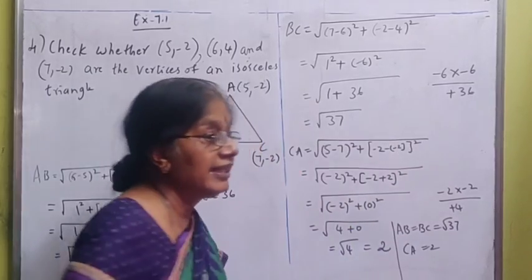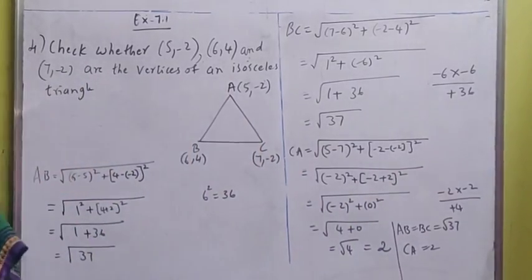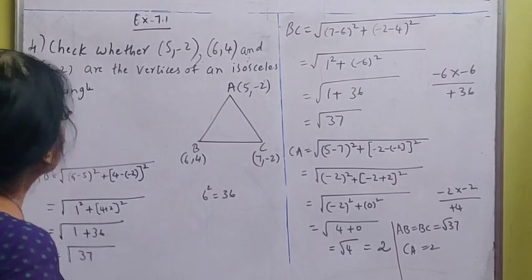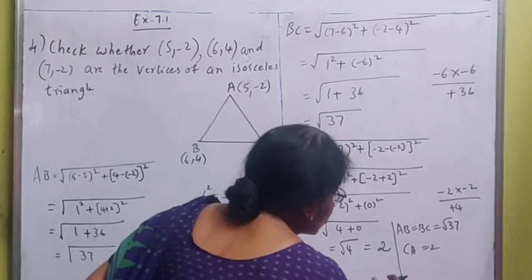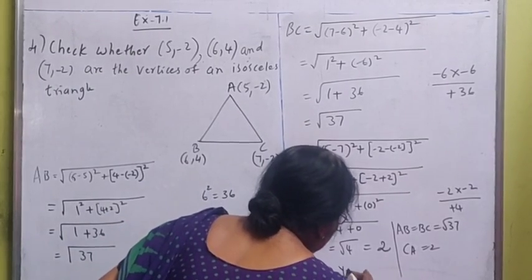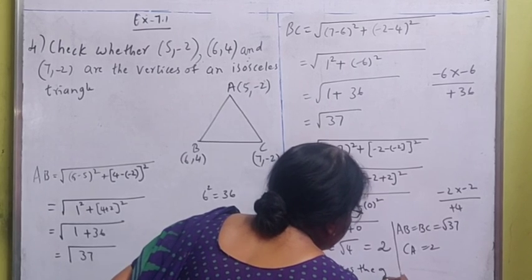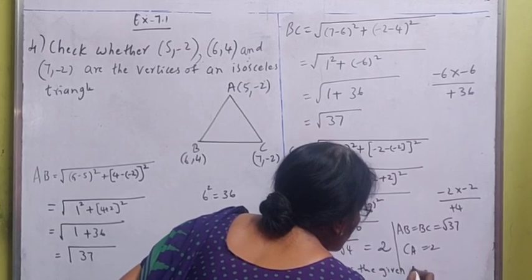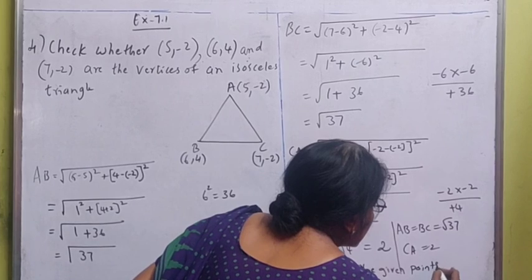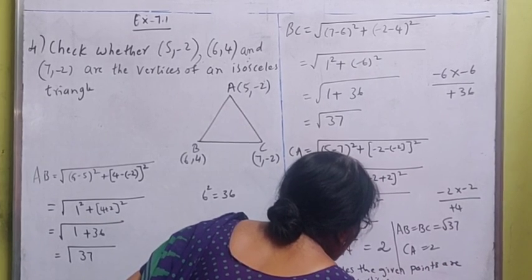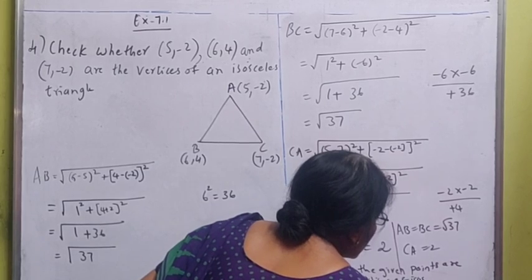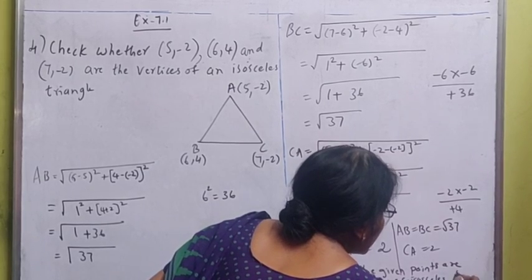Two sides are equal. What happens when two sides are equal? What type of triangle is it? So yes, these points are the vertices of an isosceles triangle.